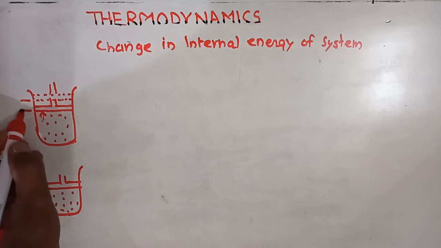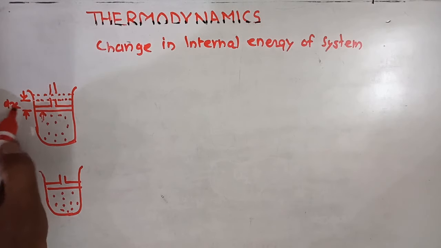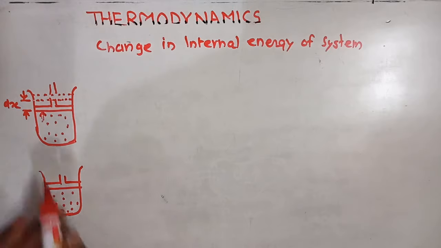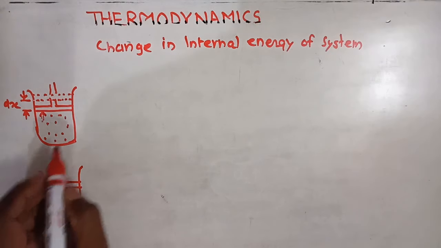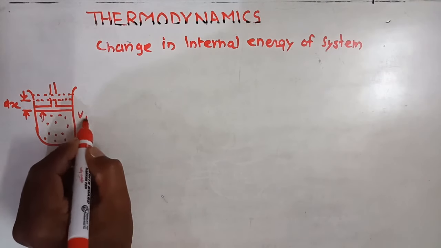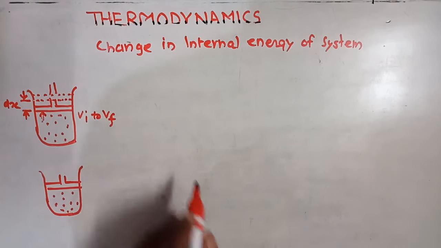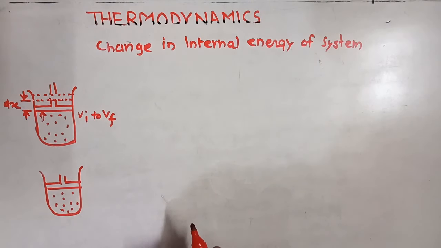These are the new positions. This is the displacement. Now this piston moved in the upward direction, and that's why its volume changes from Vi to Vf. There is an increase in volume of this cylinder.